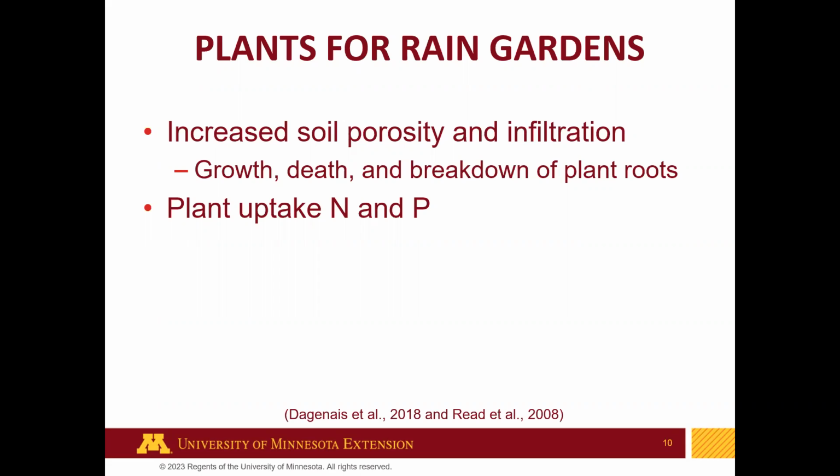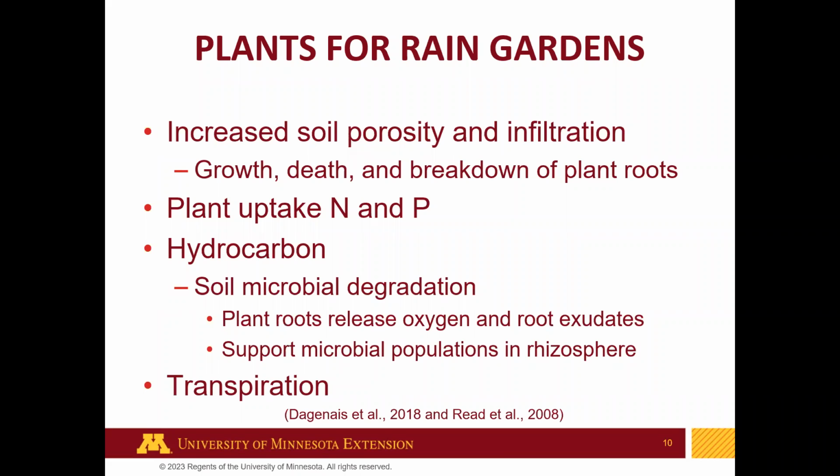And since rain gardens aren't getting tilled, those pore spaces are very likely connected to the soil surface. So again, we can improve soil porosity and water infiltration through plants. They can also take up some potential pollutants such as nitrogen and phosphorus.